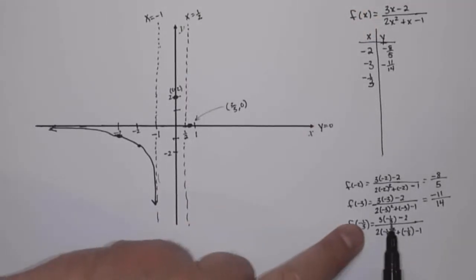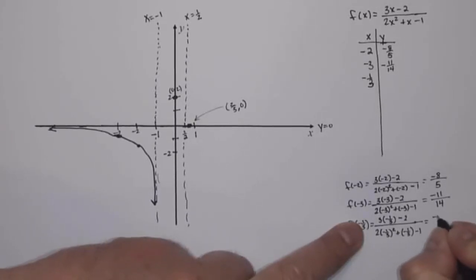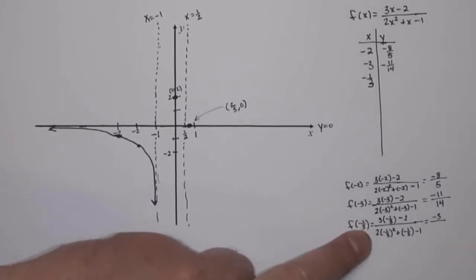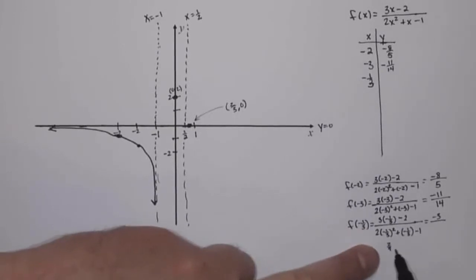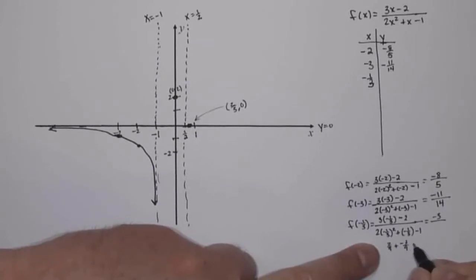Well, 3 times -1/3 will be -1, minus 2 will be -3 in the numerator. In the denominator, -1/3 squared will be 1/9, times 2 is going to be 2/9. So I have 2/9 plus -1/3. -1/3 will be -3/9, minus 1 will be 9/9.